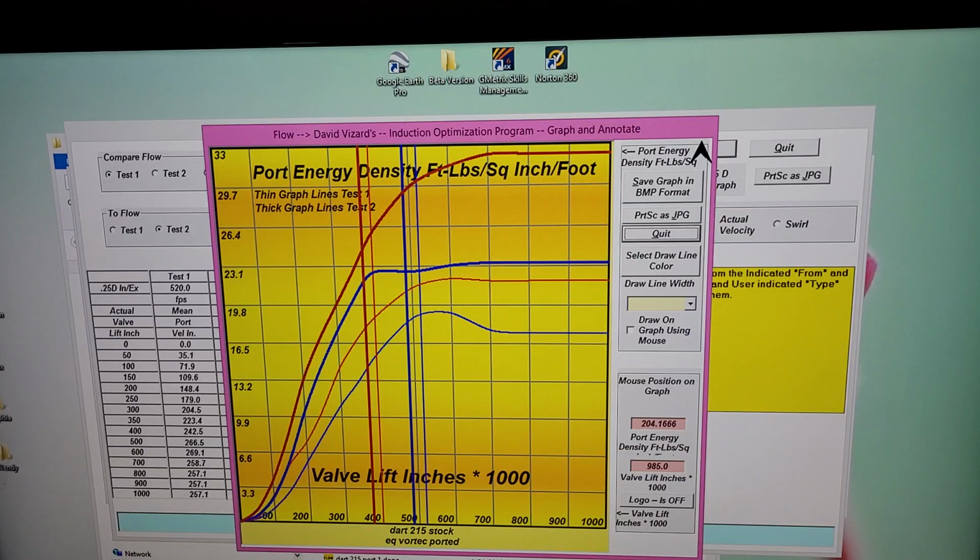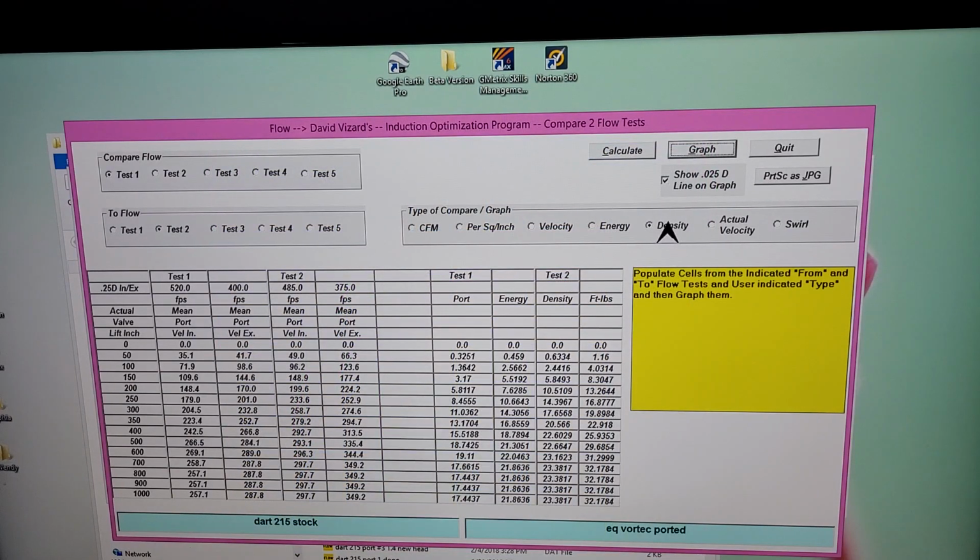DV could do a better job explaining it than me, but the part that I like is notice the thick curves completely kick butt on the Dart. Charlie was obsessing, worrying that those heads weren't enough to make the customer happy. I think I could probably put that to bed at this point.